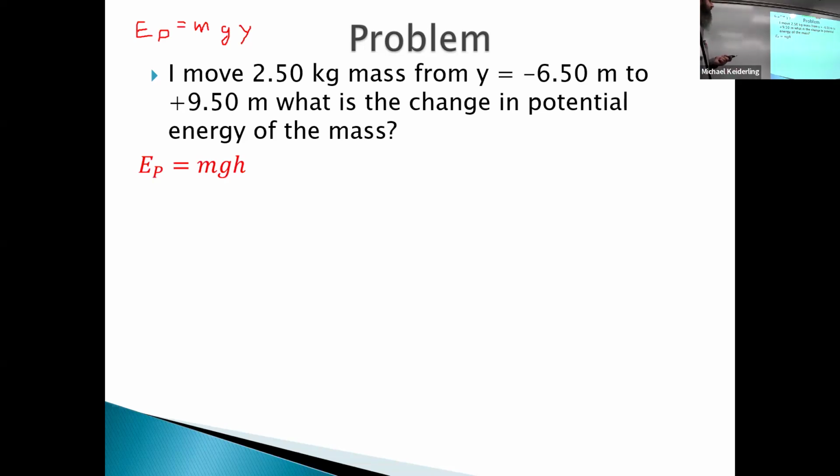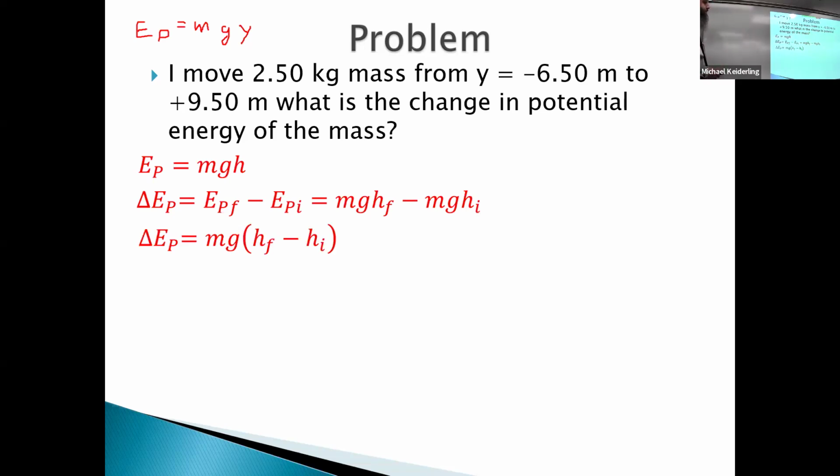The change in potential energy is mgh final minus mgh initial, which is mg times change in height, h final minus h initial.